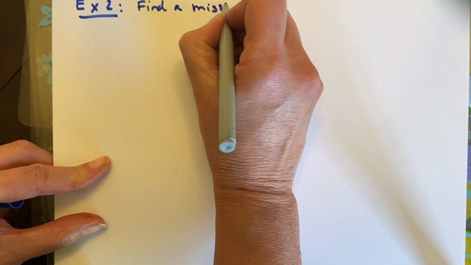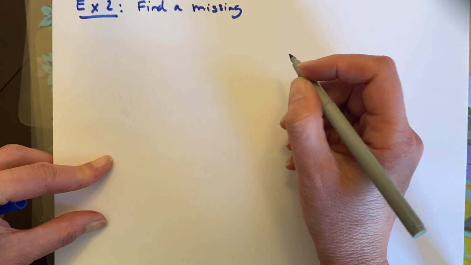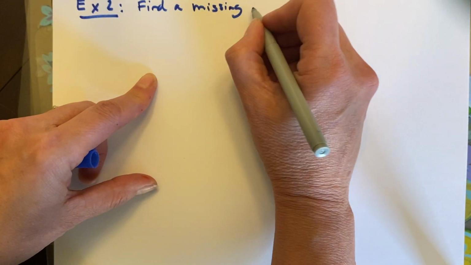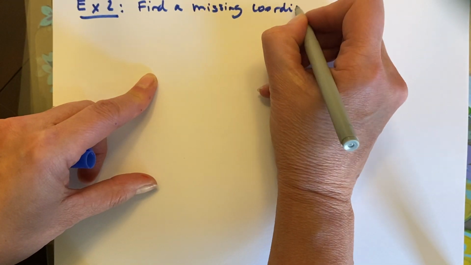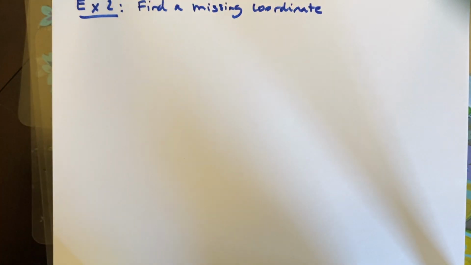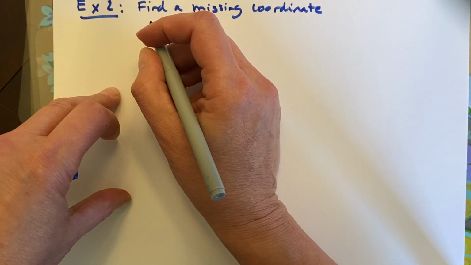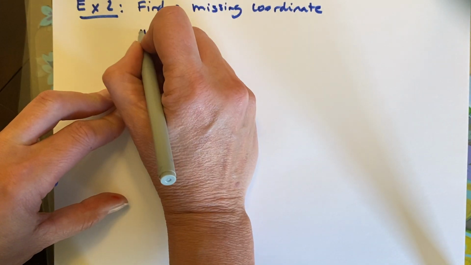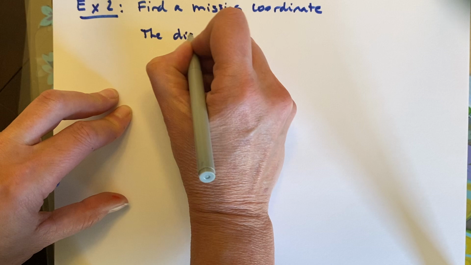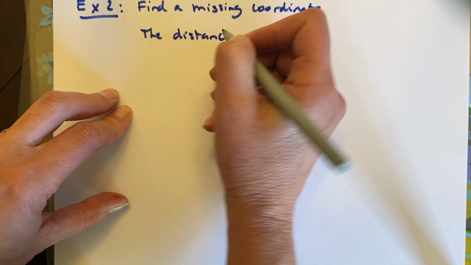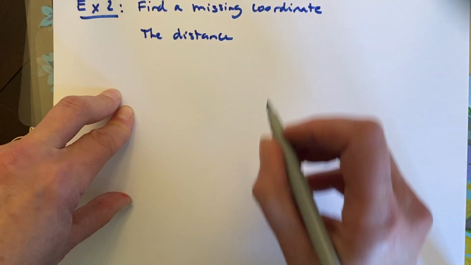And essentially it's using the distance formula, but in a different way. So here you're given the distance, which previously you had to find.